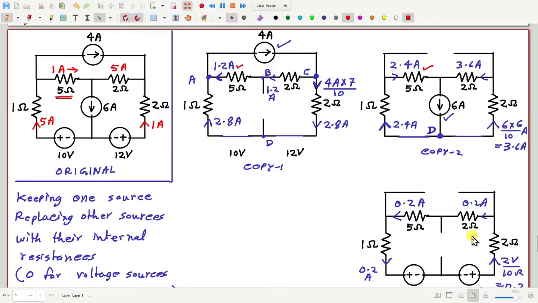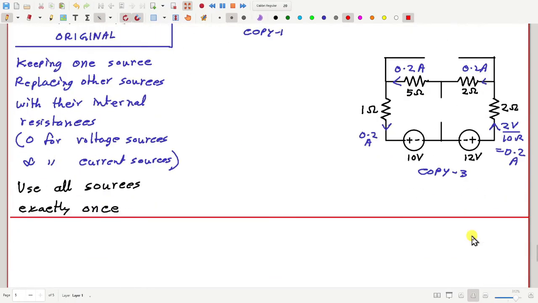That is also possible. Just make sure it simplifies the calculation. Absolutely right. Only thing you need to make sure is that all sources are used exactly once, not more than once, not less than once.